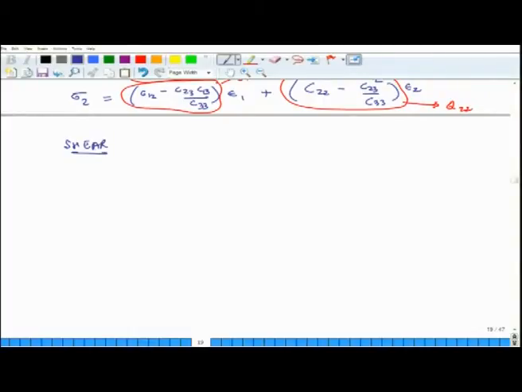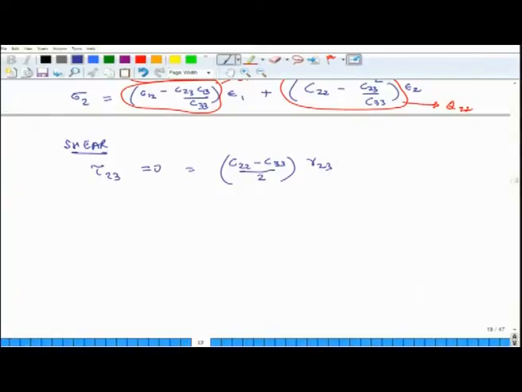So, for shear it is pretty simple. Sorry, this is a shear, so I will use the term tau. Tau 23 equals 0, and tau 23 is equal to C22 minus C33 divided by 2 times gamma 23.